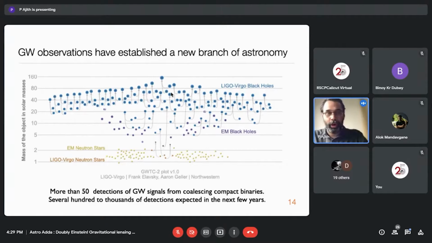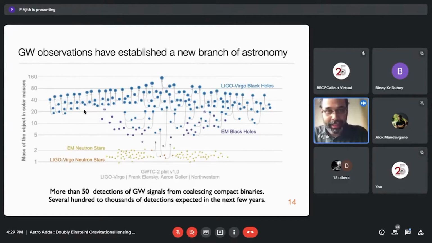And all these blue dots are the black hole mergers detected by LIGO and Virgo. And in comparison, we also show the black holes detected by X-ray observations from our own galaxy as purple dots.